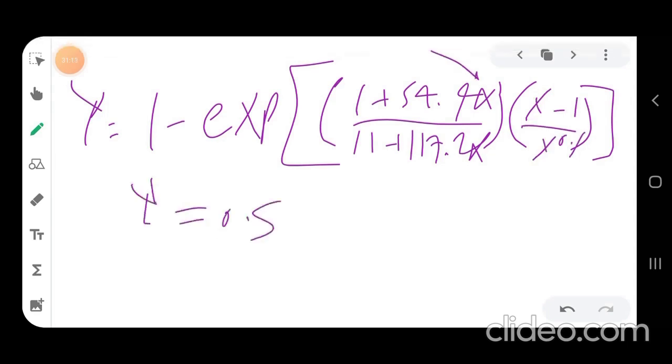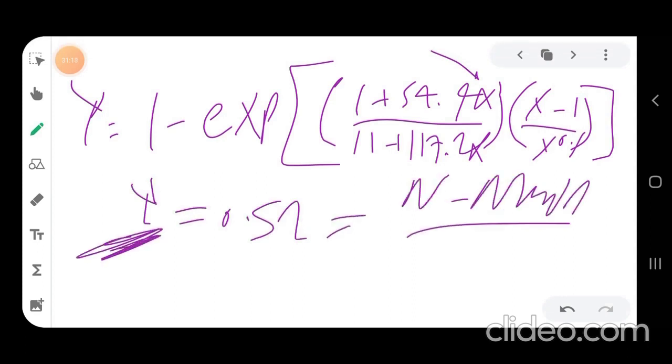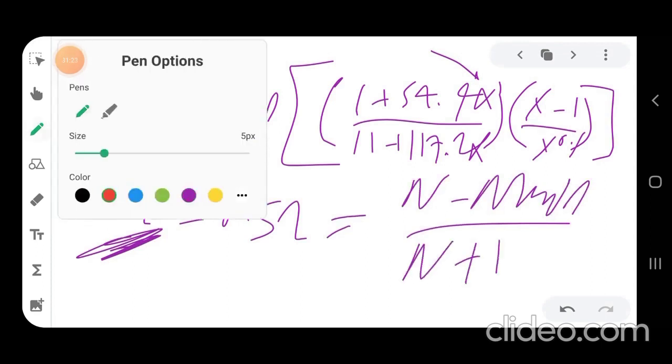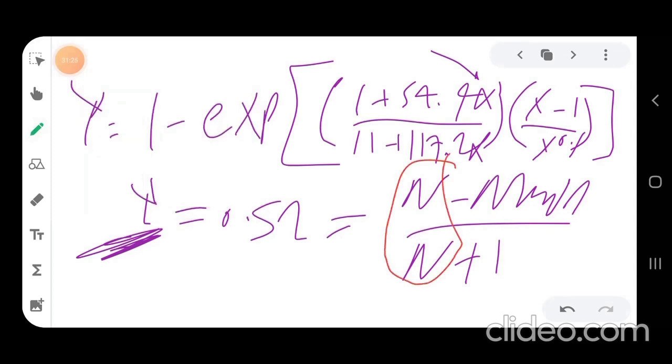This y is equal to N minus N minimum over N plus 1. At the end of the day, you want to get this N. You have y, and you know N minimum from part A, from the Fenske equation. So you can use the solver to get this N.